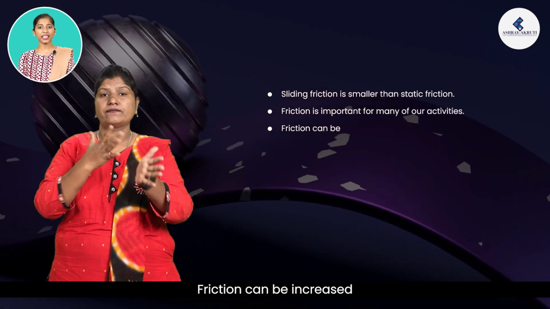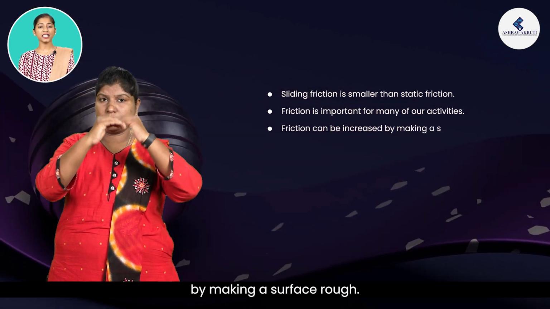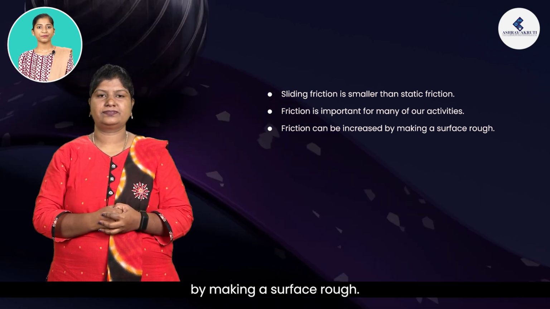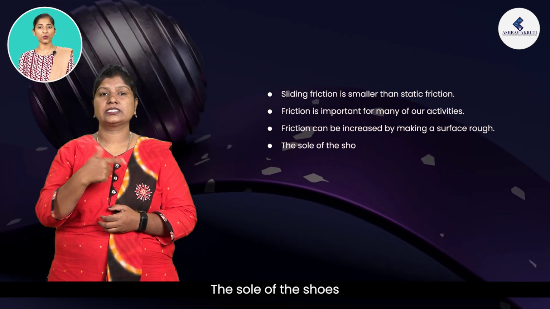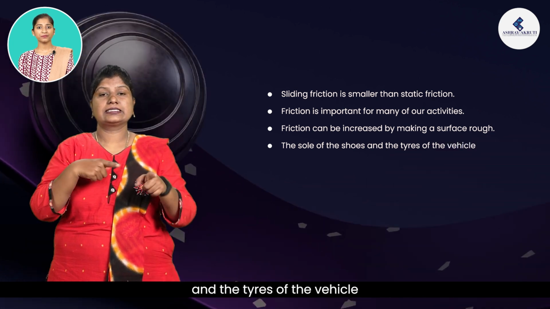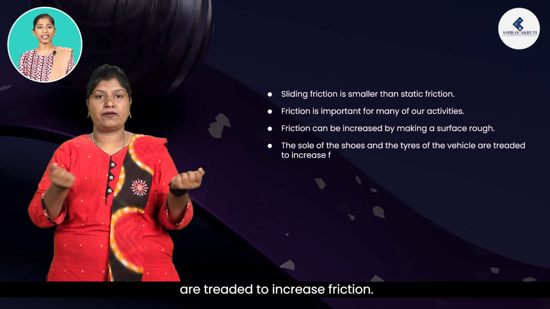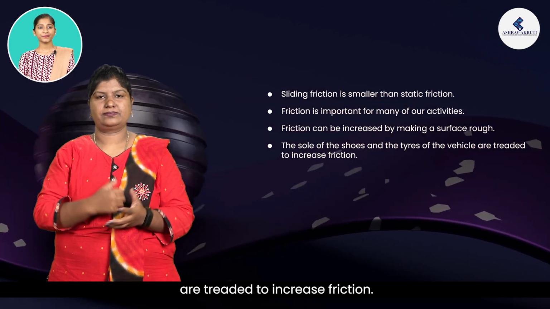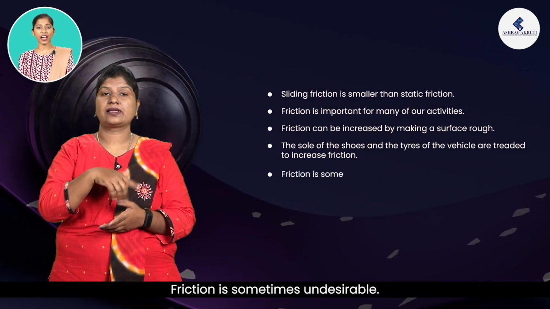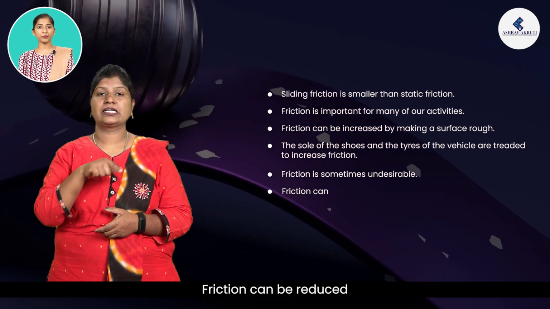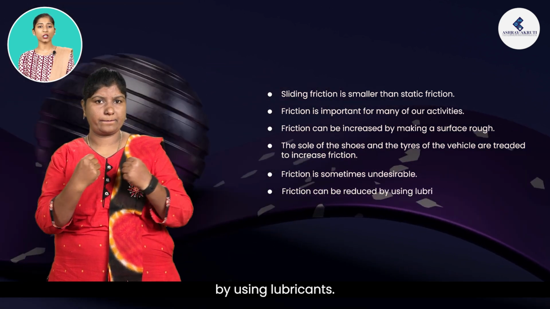Friction can be increased by making a surface rough. The soles of the shoes and the tires of the vehicle are treaded to increase friction. Friction is sometimes undesirable. Friction can be reduced by using lubricants.